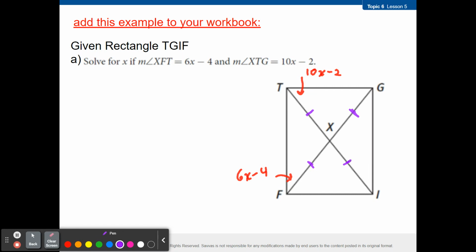Well, okay, if we want to talk about parallel lines cut by a transversal, that's easy enough to do. So if this is parallel and this is parallel and this is our transversal, we know that these two would be the same right here and here.